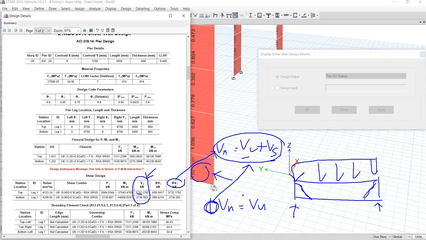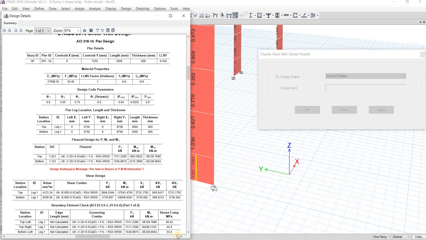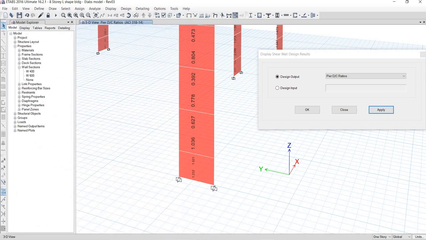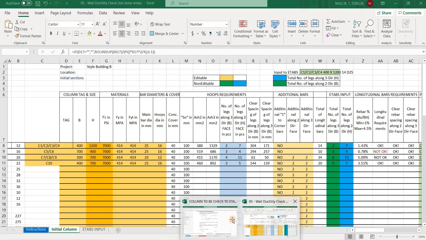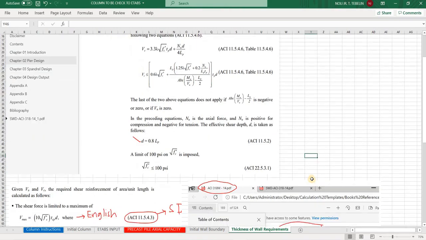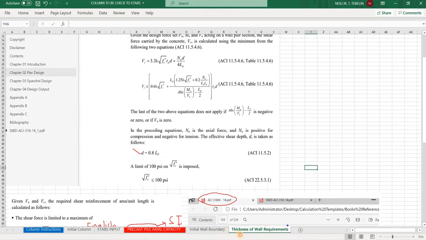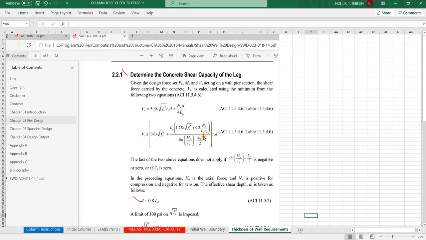Okay, so for the code provision of the wall, I put it already in this Excel. Thickness of wall requirements. So I have here determining the concrete shear capacity.